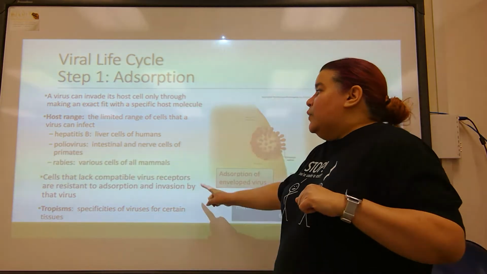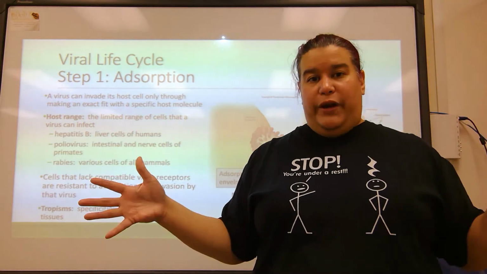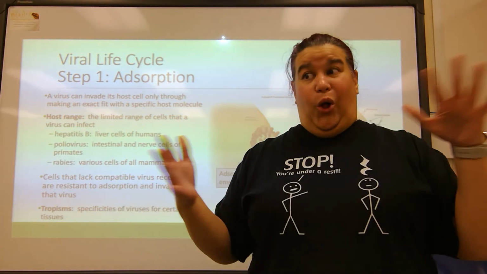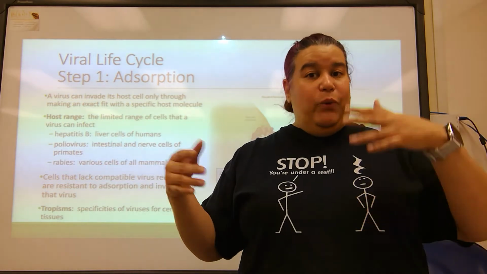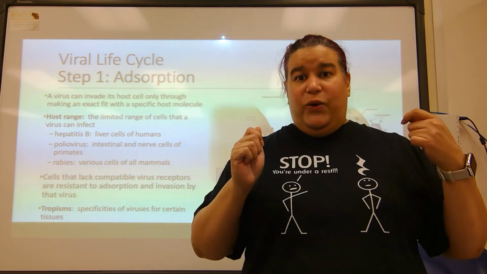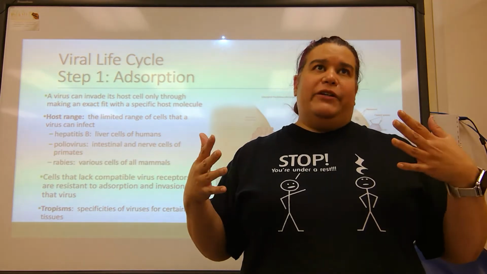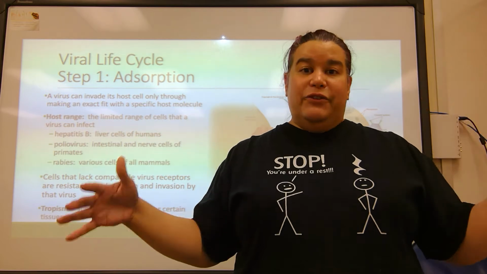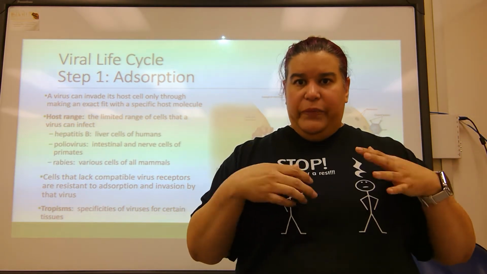Okay. Rabies has a huge host range and it can infect pretty much all the mammals. So, bats, dogs, people, whatever. It has a spike, or a key, that a lot of different species have the exact lock that it fits into.